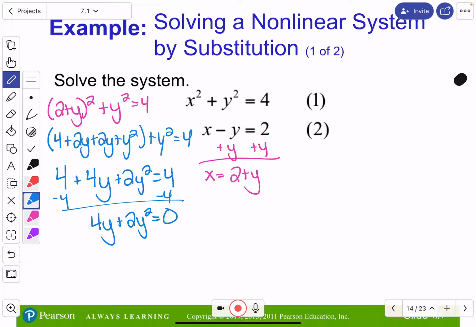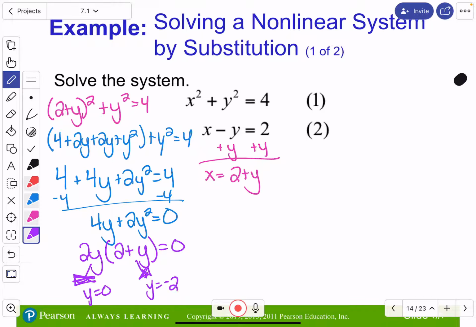Now we could tic-tac-toe or say, hey, we have a greatest common factor. So I can take out 2y, and I'm left with 2 plus y equals 0. So this term is going to make y equals 0, and this term's going to make y equals -2. So we're going to plug those in. If I plug it in here, x equals 2 plus 0, which means x equals 2.